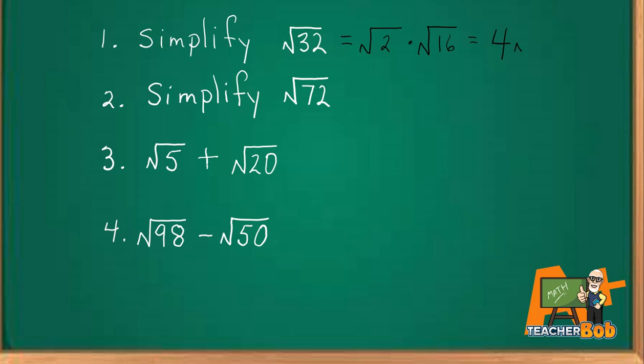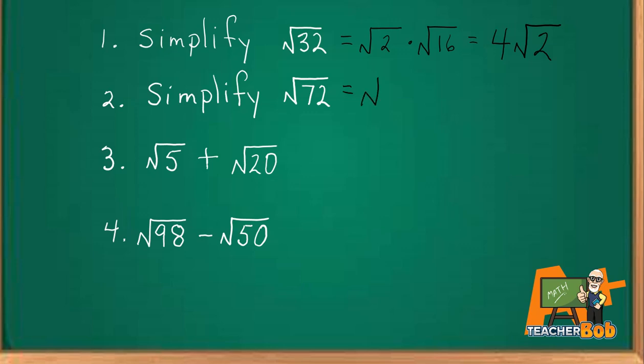And as usual, the square root of 2 we can't do anything with, so we just leave it as a square root of 2. So our simplified form of the square root of 32 is 4 times the square root of 2. Okay, the next one, let's simplify the square root of 72.